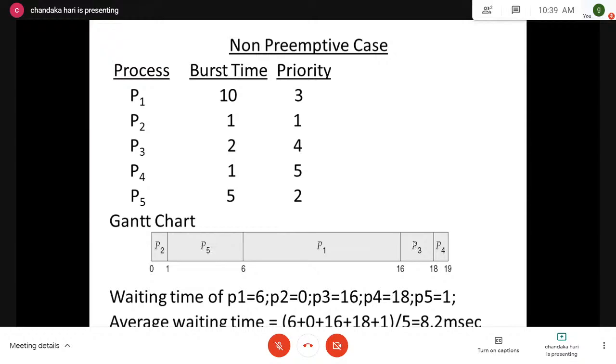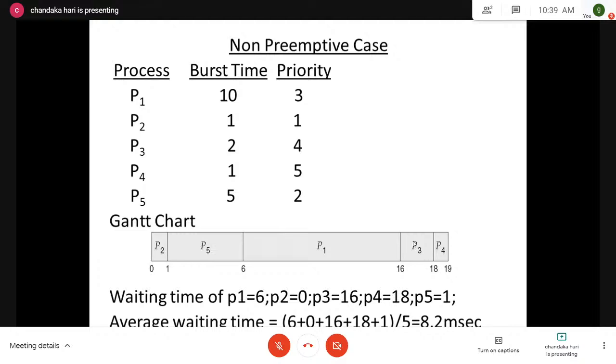Now we calculate the waiting time of each process. The waiting time of process P1 is 6 milliseconds, because it has to wait until processes P2 and P5 are completed. The waiting time for P2 is 0, since it did not wait for anyone; once it entered the queue, it was immediately scheduled.